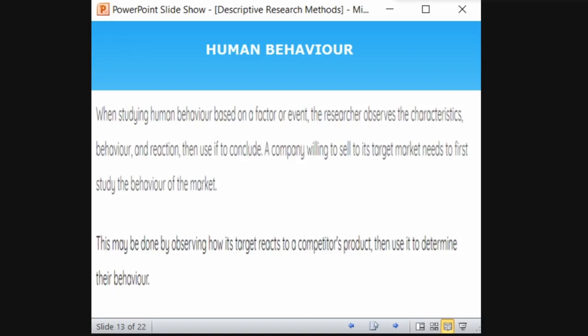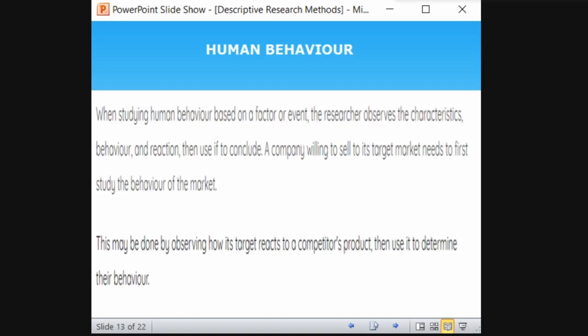In this example, a company willing to sell to its target market needs to first study the behavior of the market. That is true actually. If a company, let's say based in Mumbai, wants to sell the same product in Chennai, it needs to first study how Chennai people are using this product, whether they could reach the product.